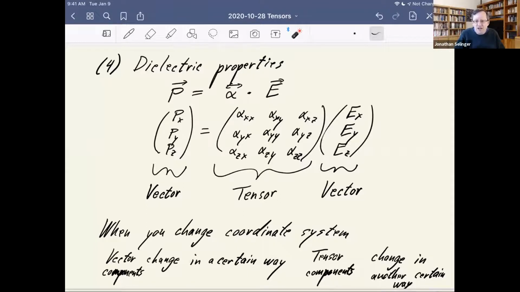And so it is possible, for sure, to describe tensors in any non-Cartesian coordinates as well. But that is a more advanced topic, which I love, but I'm not going to get into this semester. After this is done, if any of you want to talk about that, I would be very happy to discuss it. It's a great subject, but it's just beyond the scope of this course. Okay, thank you for that.